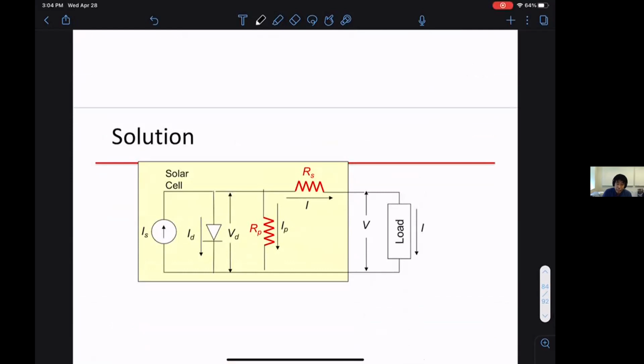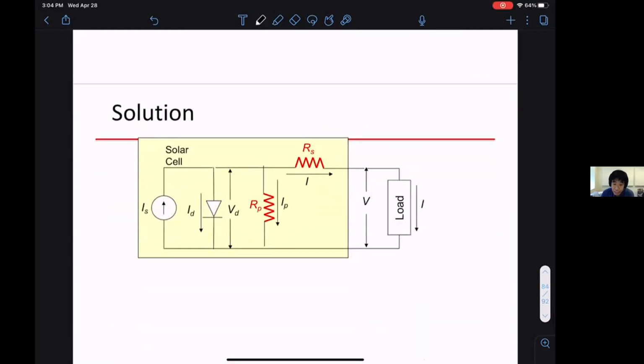The calculation goes along similar lines. We want to compute the thermal voltage, the voltage over the load, and the currents going through this circuit.